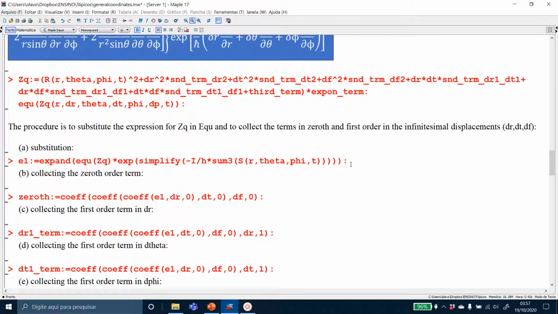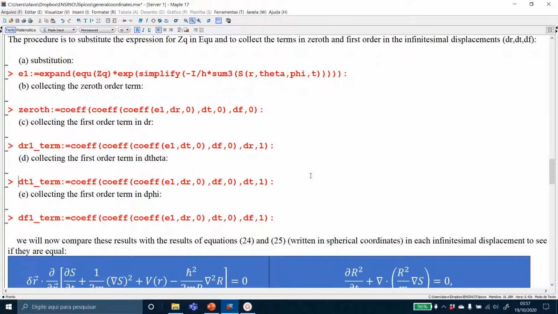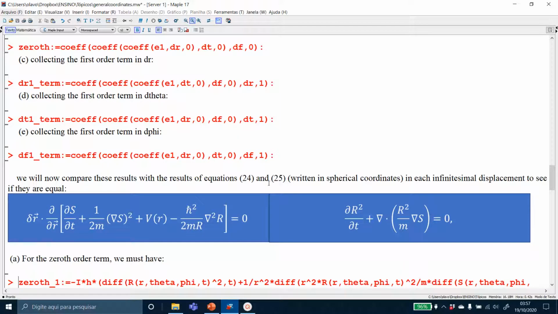Now we will reconstruct our terms, zero order, dr in first order, d theta in first order, and d phi in first order, to show that we do get these two terms.